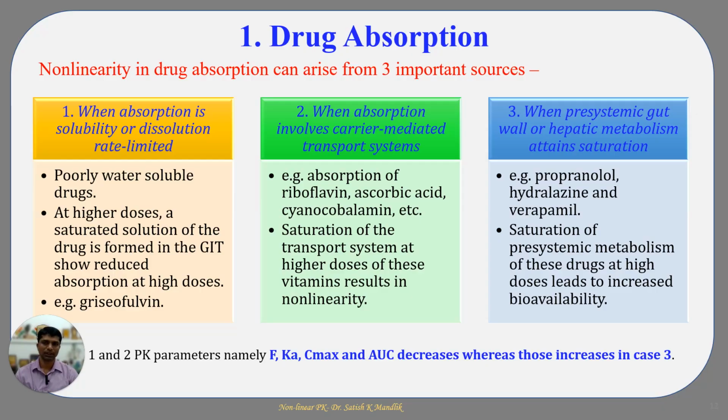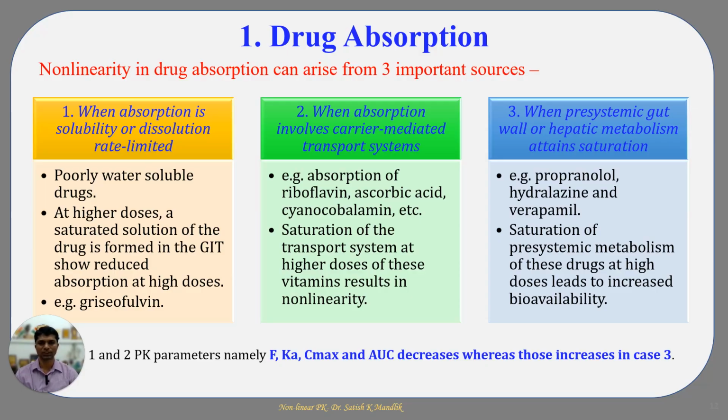The second point: when the absorption is limited by carrier-mediated transport. So we understood about the active transport of medications. Absorption of ibuprofen, ascorbic acid, cyanocobalamin, and many antibiotics occurs through active transport, especially carrier-mediated transport.